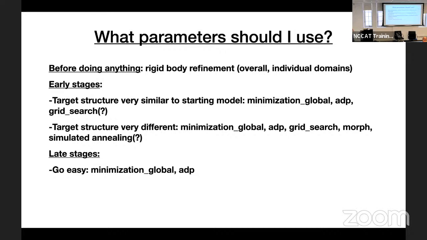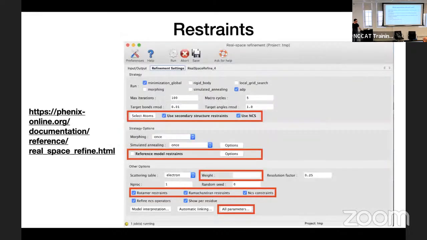So I'd usually start off with something like rigid body refinement. Depending upon your protein, each domain could be a rigid body, or an entire chain could be a rigid body. And then you can pick amongst these various parameters. And then in late stages, like I said, go easy, just keep it to the basics. Don't do anything too aggressive.